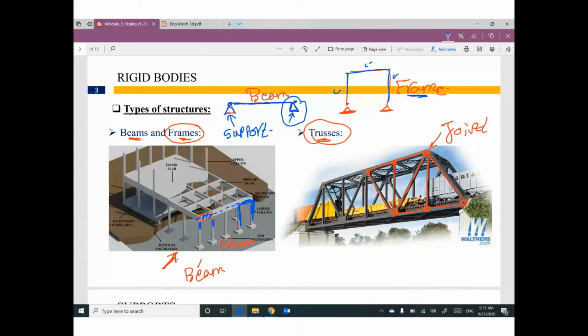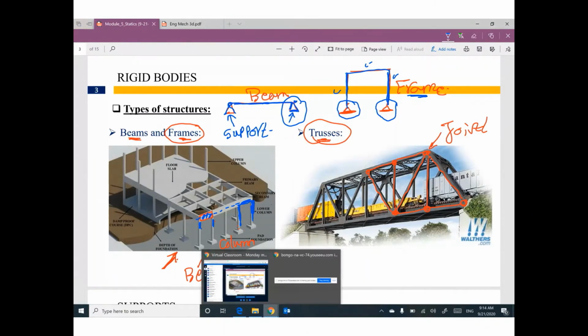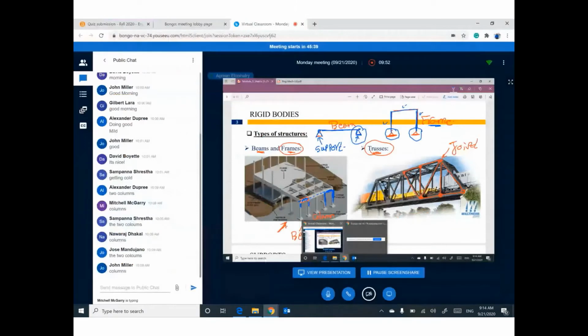Even for a frame, at the end of this column, we have a support. Anybody can tell me what this support for this column represents? Which is supporting the column?